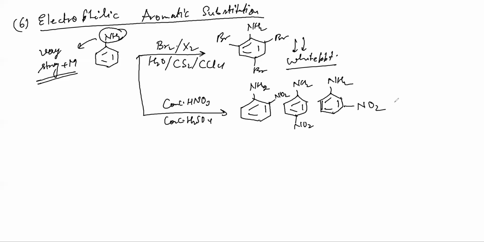You get some meta product also. Even if NH2 is plus M, you get meta product also. And let me tell you, its percentage is quite high. It is around 2%, around 51%, around 47%. So meta product is quite high. Please note this. And this percentage is asked in JEE Advanced.